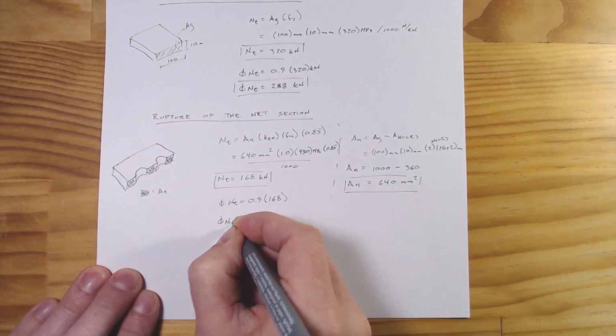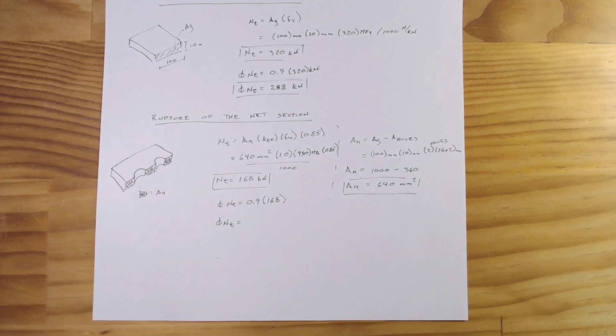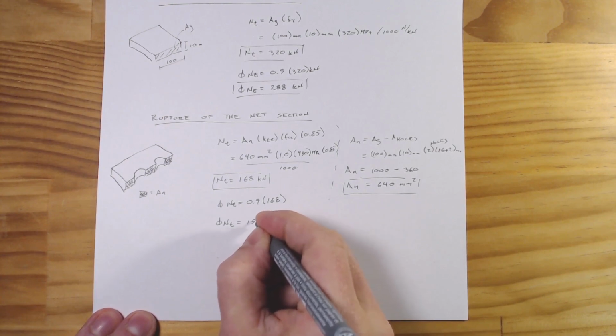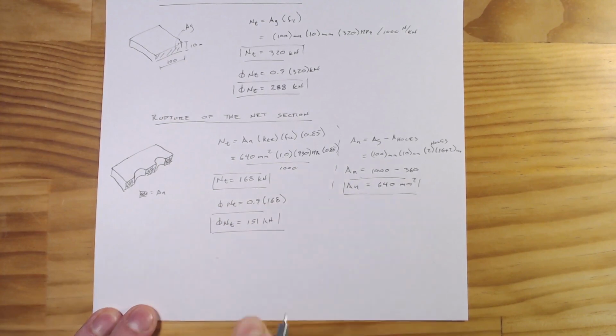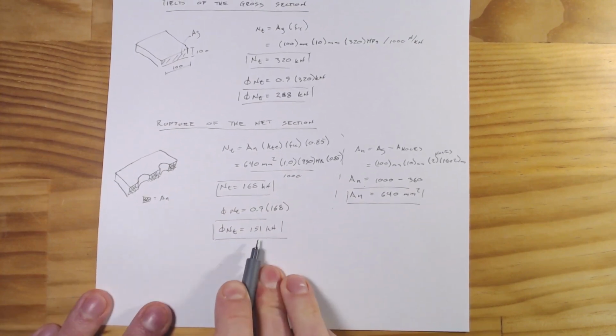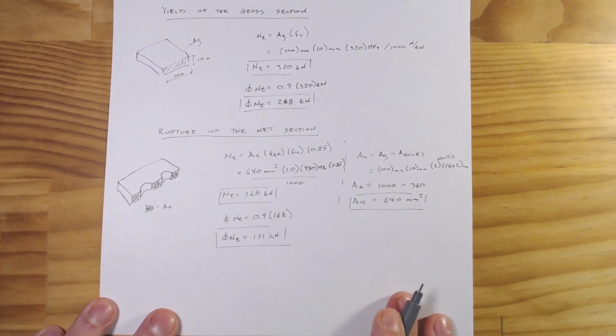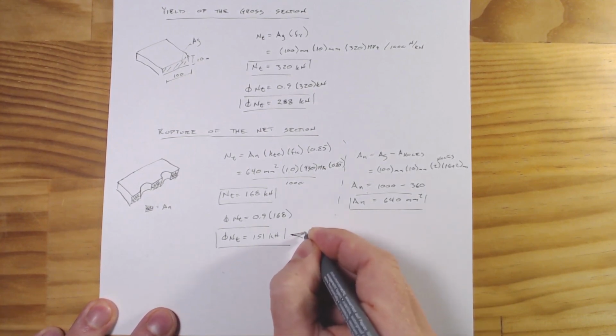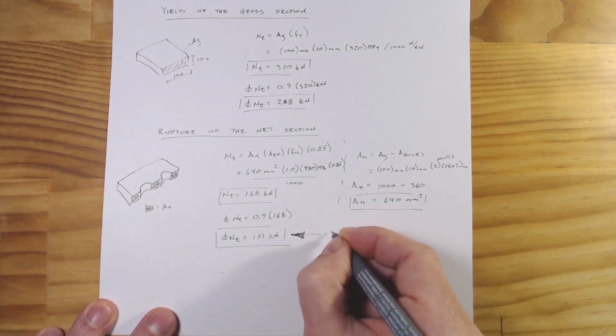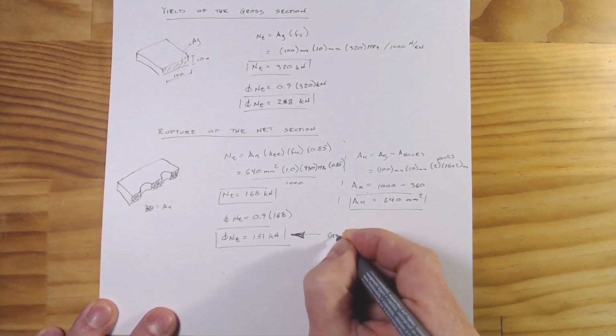Phi Ns of t equals 151 kilonewtons. And then looking at these two, well, 151 is definitely smaller than 288, and so it's the rupture of the net area that governs the design.